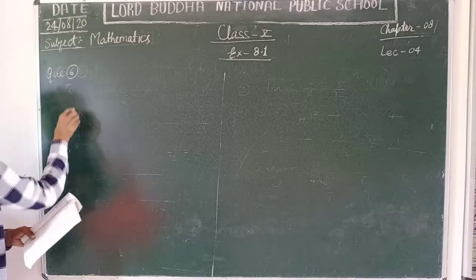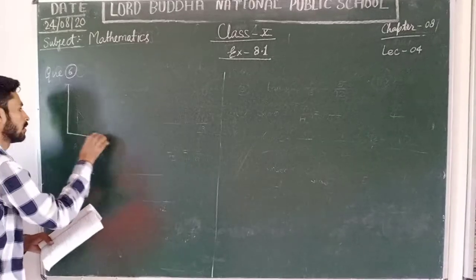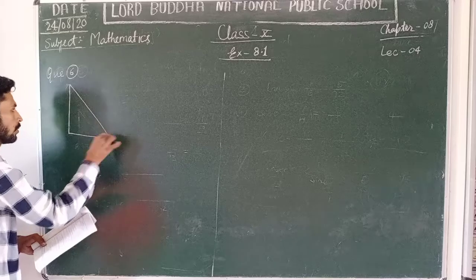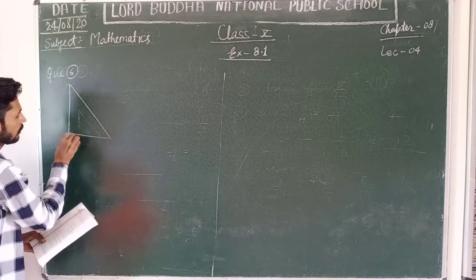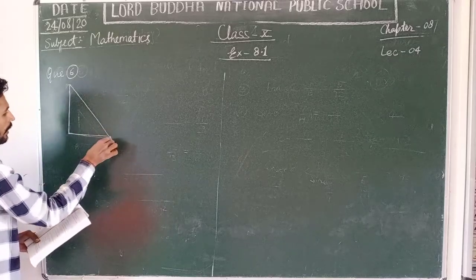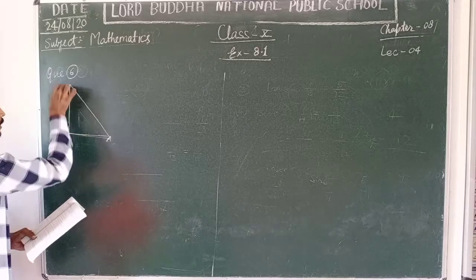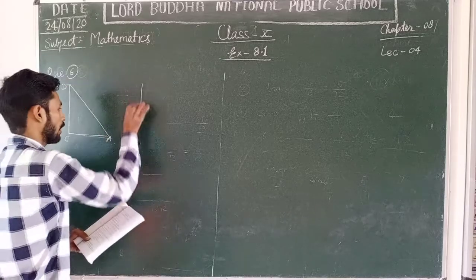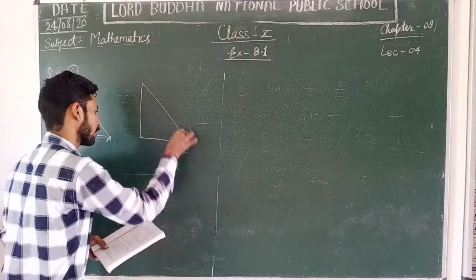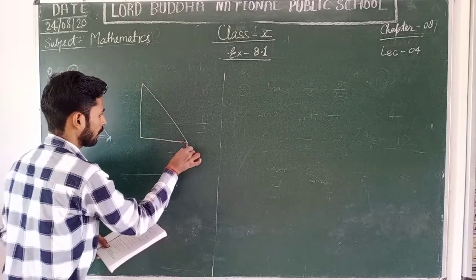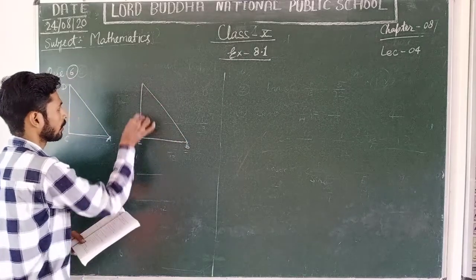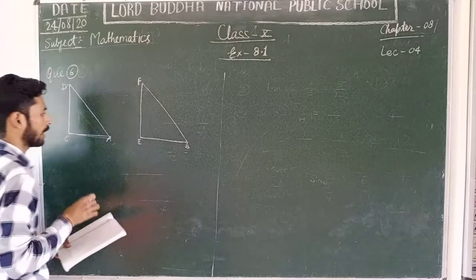In question number 6, first draw two triangles, like ACD, and the next triangle like BEF.